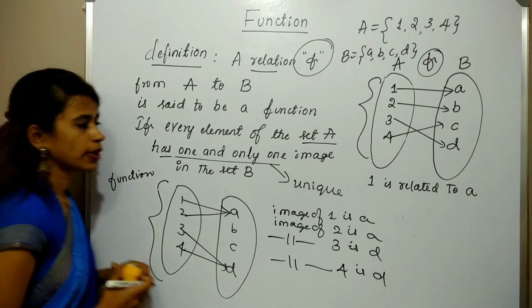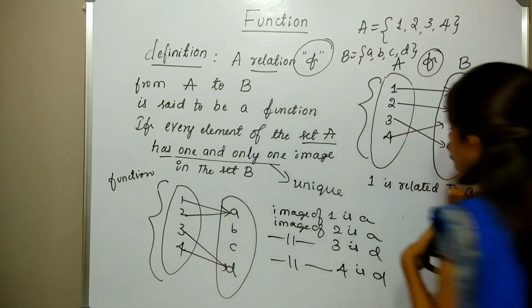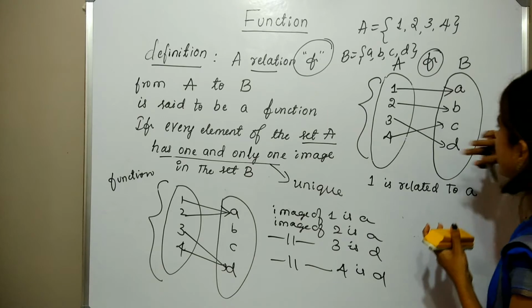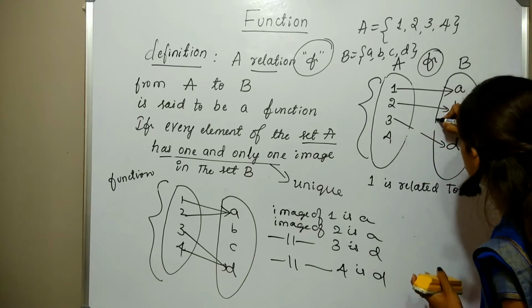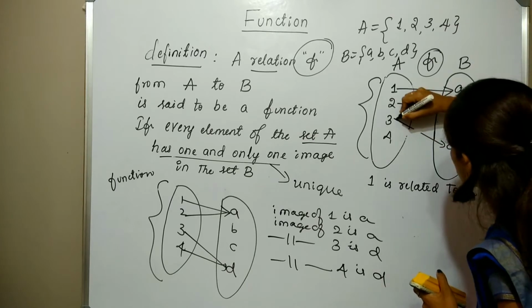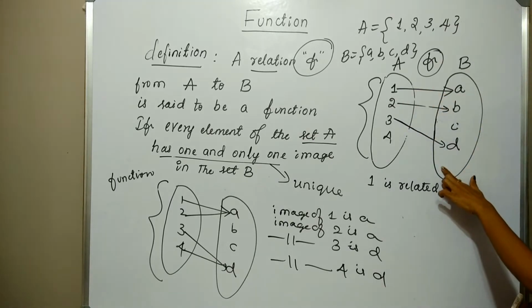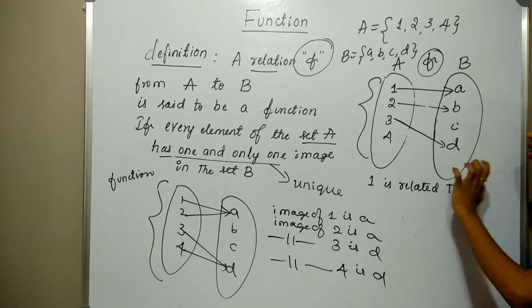Now I am taking an example which is not a function. If I take 4 not related to any element in the set B, is it a function? It is not a function. Why?